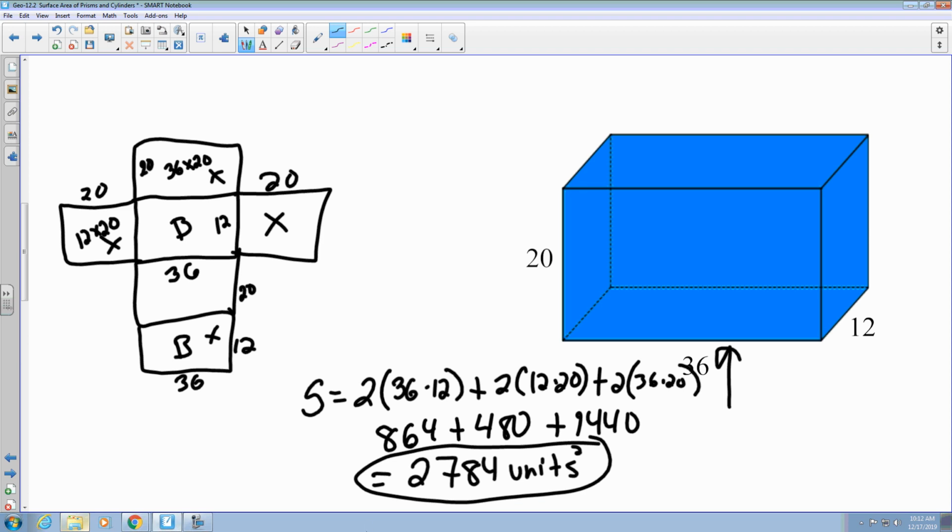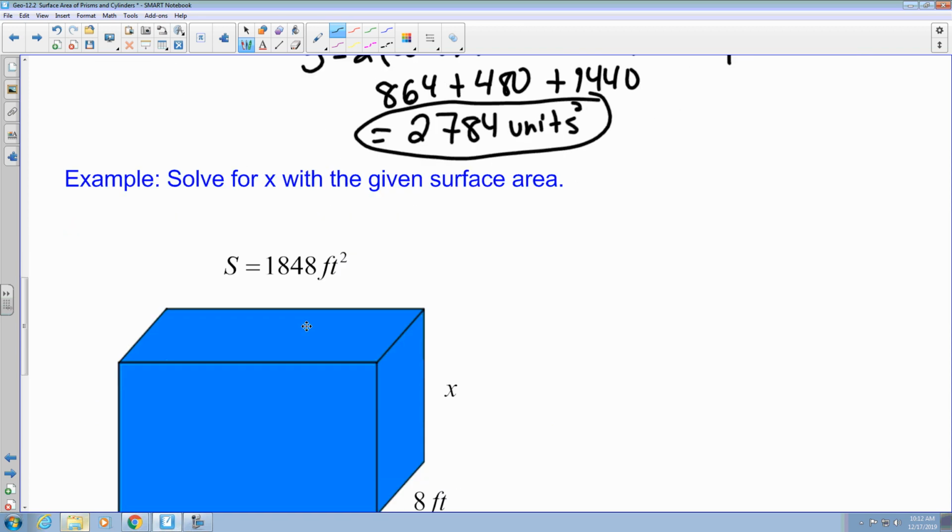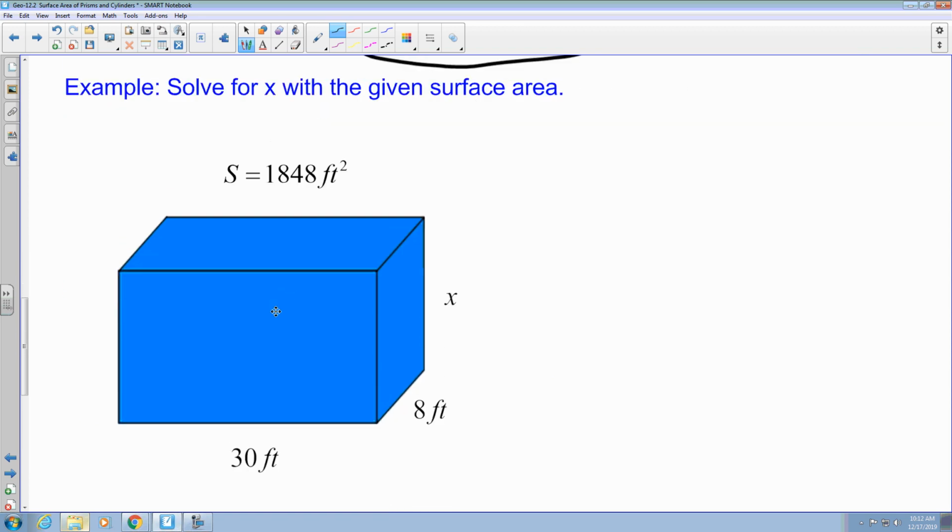Okay. All right, and then in these situations, they give us the surface area. They want us to find the value for x, and in this case, the value for x is the height of one of the lateral edges.